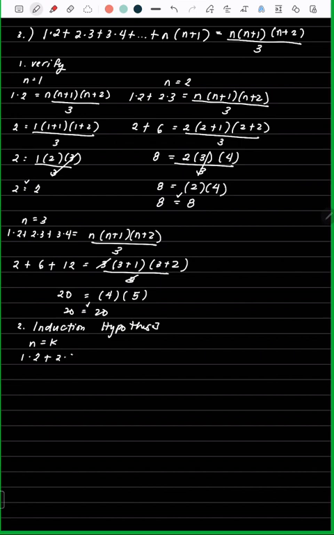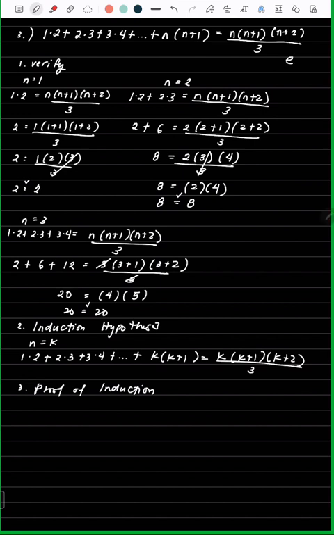So this would become 1 times 2 plus 2 times 3 plus 3 times 4 plus up to k, k plus 1, is equivalent to k, k plus 1, k plus 2 over 3. All right. So again, this should now become our equation 1.